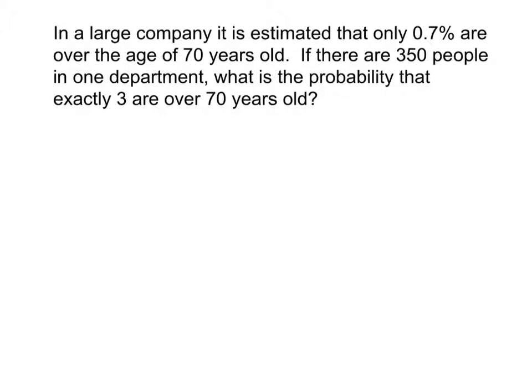In a large company, it is estimated that only 0.7% of the workers are over the age of 70. In this case, we're looking at the probability of success being 0.007. Remember, 0.7% turned into a probability. That's very, very small, and we're looking at a substantial number of people here.